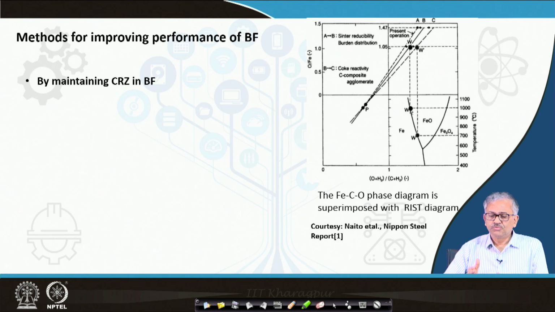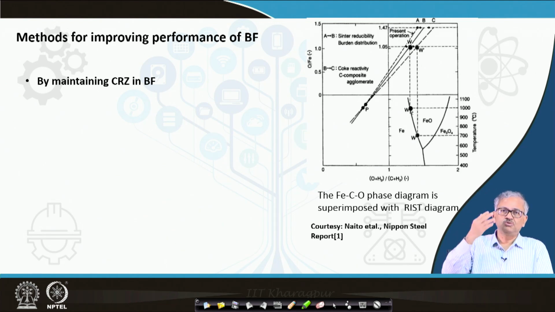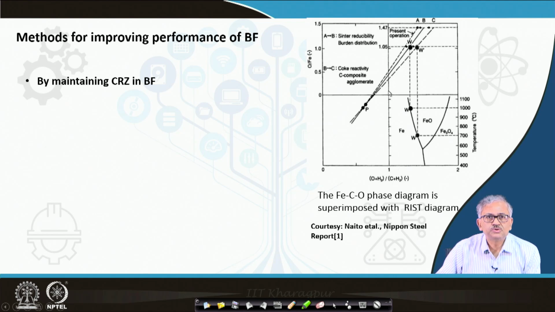Even if you do not maintain a chemical reserve zone, that is, if the CO in the upper part of the isothermal zone is greater than what is required for the Fe equilibrium, then the CO utilization will be further lower. Here you have two curves. You can see at the wustite composition, that is the 1.06 O/Fe ratio, this horizontal line, and your O/C you can find is much lower.